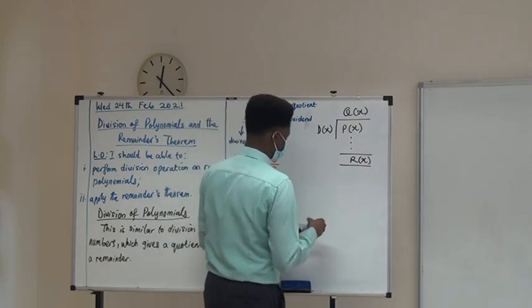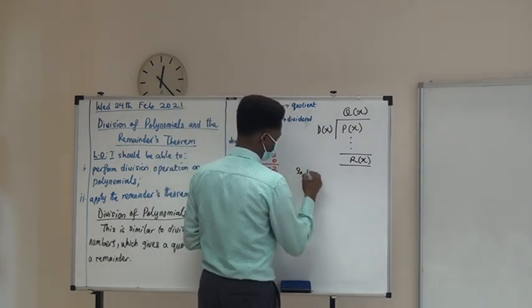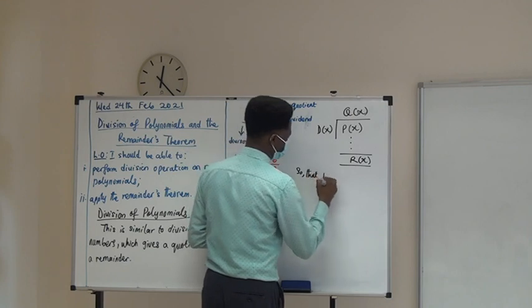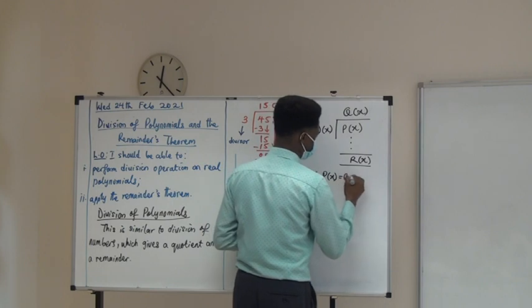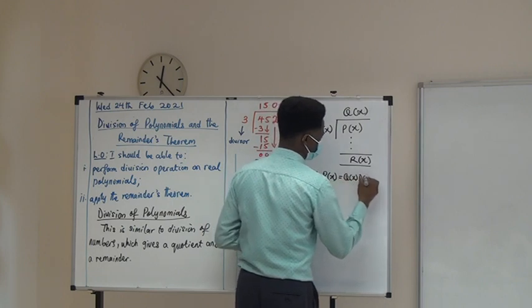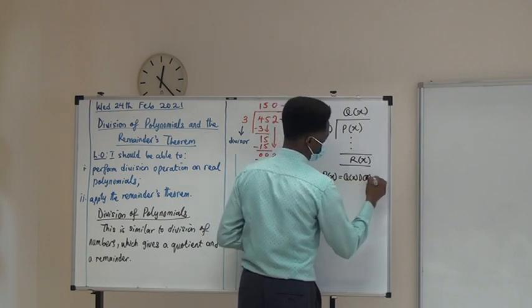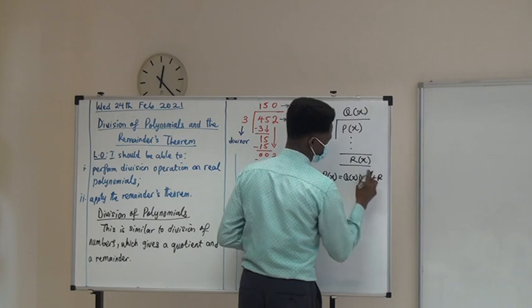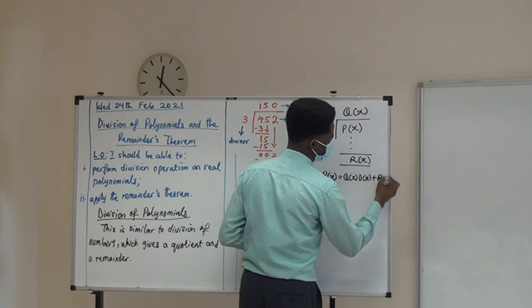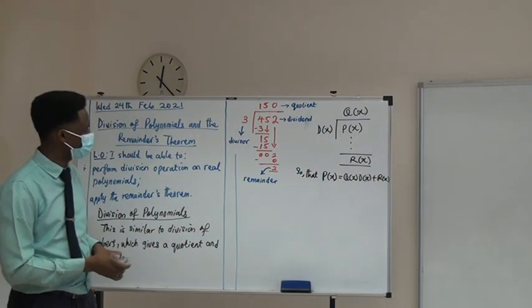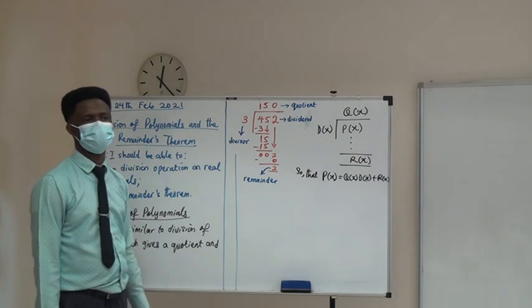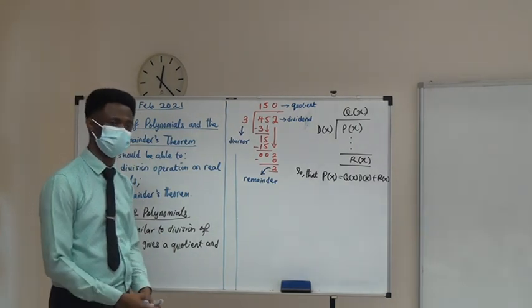So the polynomial is simply the quotient times the divisor plus the remainder. Does that make sense? So our division algorithm is similar to this, and that's what we want to quickly do.